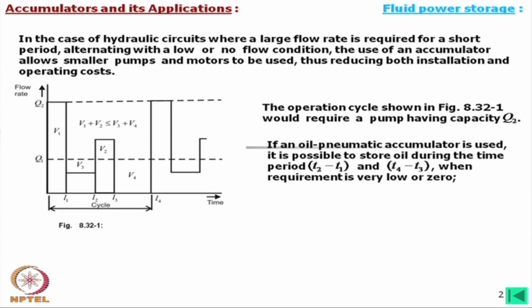There might be a separator, that means inside this accumulator there might be another bladder in which the pneumatic air may be there, or it might be open, that means oil can have direct contact with the air.